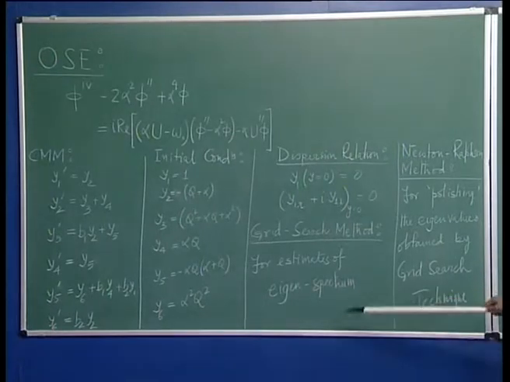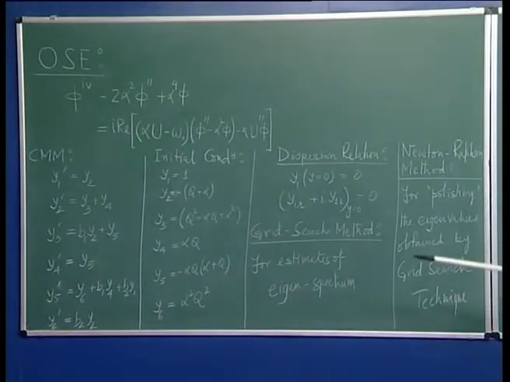Once we have the eigenspectrum, we need to do something more: we need to polish these eigenvalues, because this is a rough estimate of those eigenvalues. You know how to do a Newton-Raphson search. Let us spend a little time talking about the Newton-Raphson search.